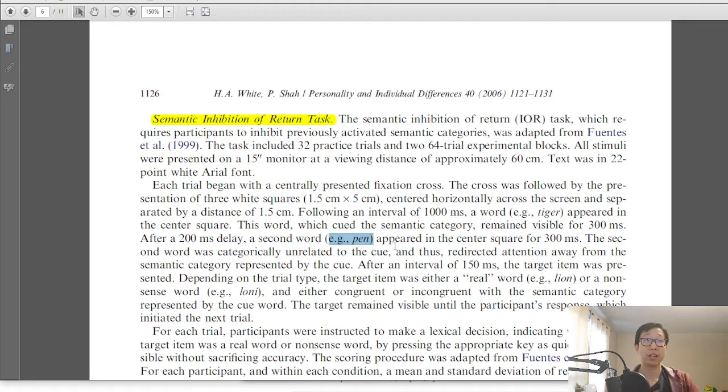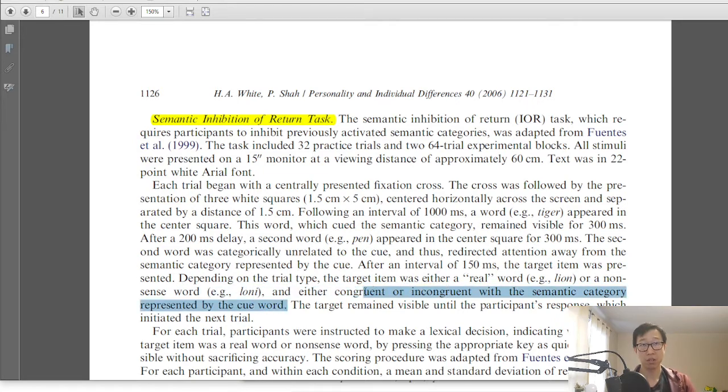And the semantic category here is very different from tiger. Pen is a completely different object that appears in completely different contexts. And then finally, the subject is shown a third word, which is either real, for example, lion, or a nonsense word, for example, loney. And the third word is either congruent or incongruent with the semantic category represented by the cue word.